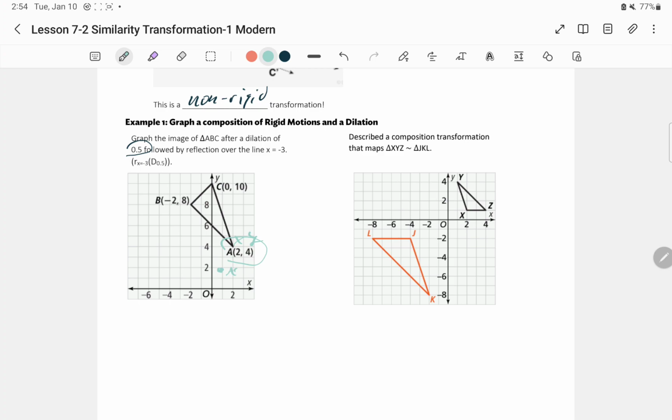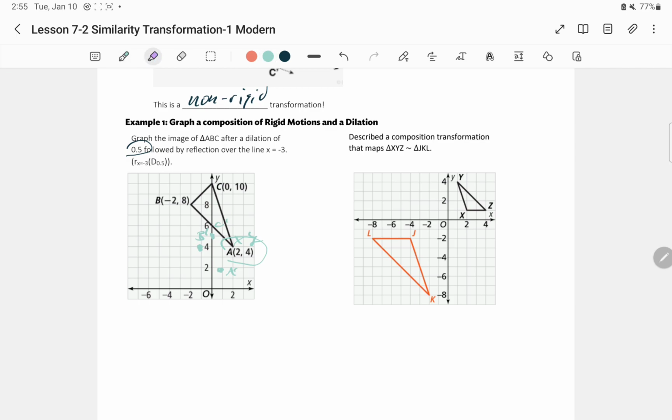I want to divide both of those by 2, so I'll end up with -1 and 4, and I'll plot that point right here. That'll be a little B prime. And finally, C is at 0, 10. So it's going to be divided by 2. 0 divided by 2 is just 0, and 10 divided by 2 is 5. So I'll end up at 0, 5. That'll be my C prime.